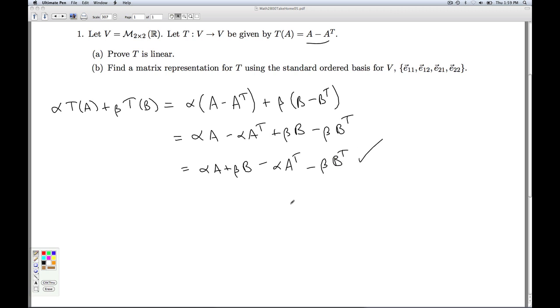And there it is. So we've shown that T respects linear combinations. That means, by definition, T is linear. So that'll do it for part A.